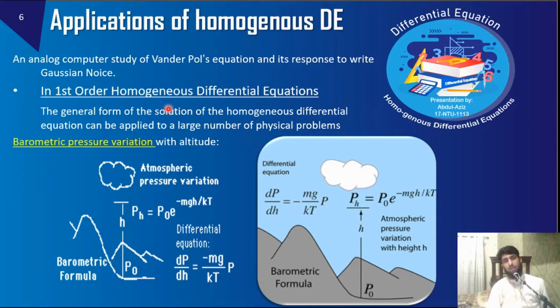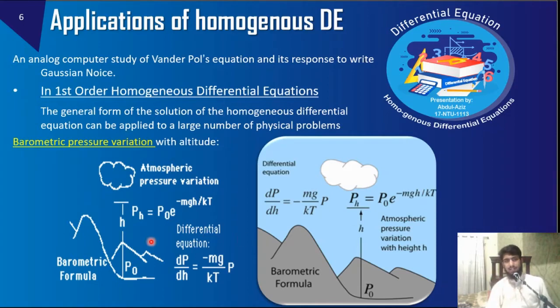In first order homogeneous differential equation, barometric pressure variation is one of the basic applications implemented on the basis of homogeneous differential equation.